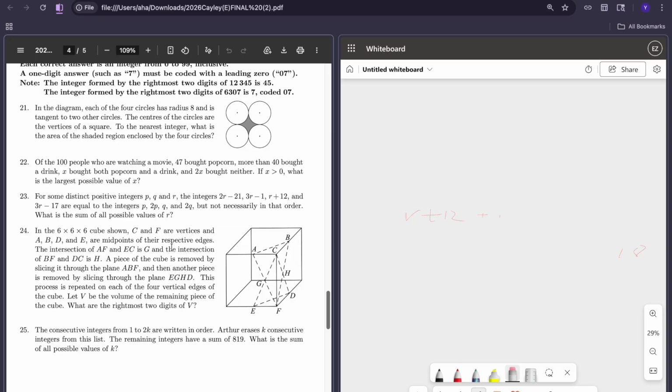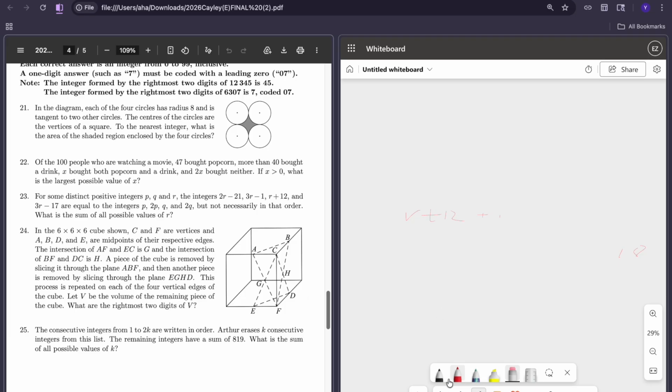The intersection of AF and EC is G, and the intersection of BF and DC is H. A piece of the cube is removed by slicing through the plane ABF, and then another piece is removed by slicing through the plane EGHD. This process is repeated on each of the 4 vertical edges of the cube. Let V be the volume of the remaining piece of the cube. What are the rightmost 2 digits of V?